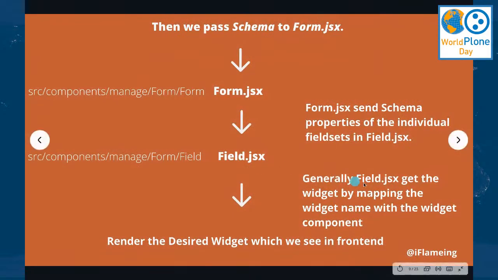So generally, field.jsx gets the properties of that field from the schema and maps those field properties with the widget mapper, and the widget mapper returns the widget component, and thus Volto renders that component, which you see in the front end.